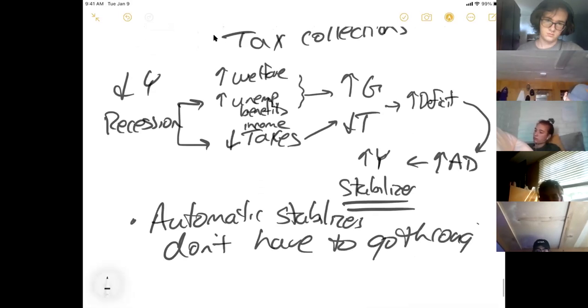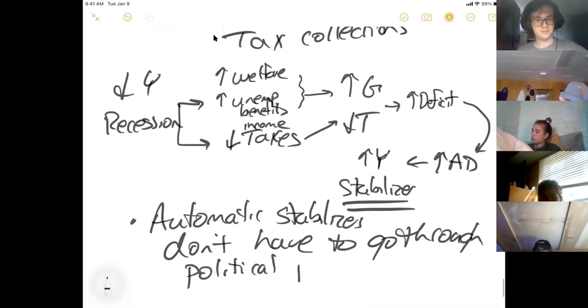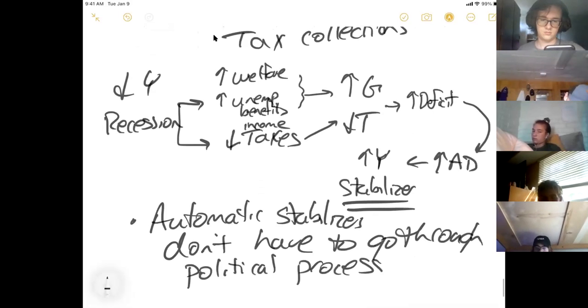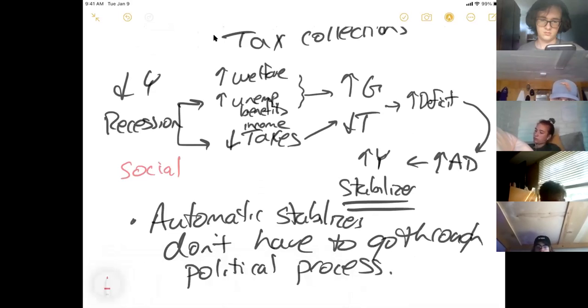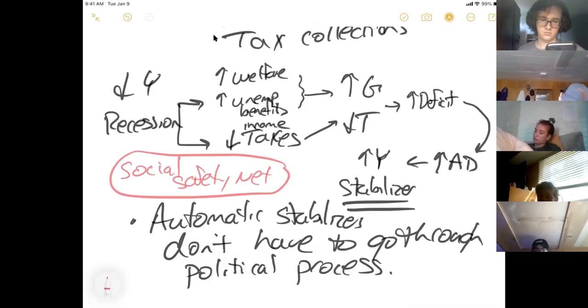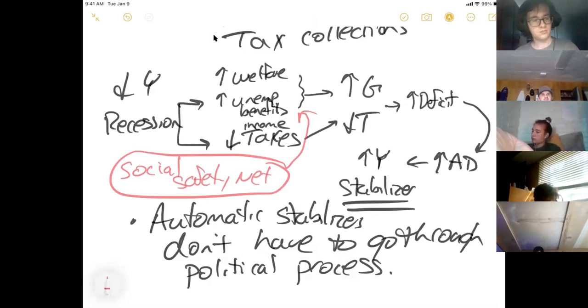They don't have to go through the political process. That's one of the real advantages of these social safety net programs, right? And that's what we could call these, the social safety net. These are things that kick in automatically when the economy begins to slow down. They don't have to go through the usual political process because that's the way these programs are designed to work.